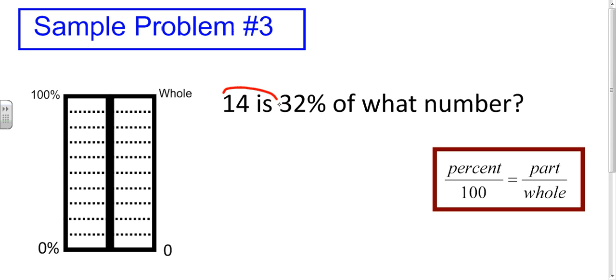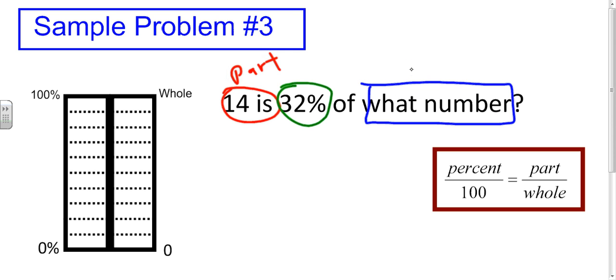So 14 is, this is telling me the part. I know my percent that's given to me. And then of what number, I am looking for the whole here. So I'm going to set this up, percent over 100.